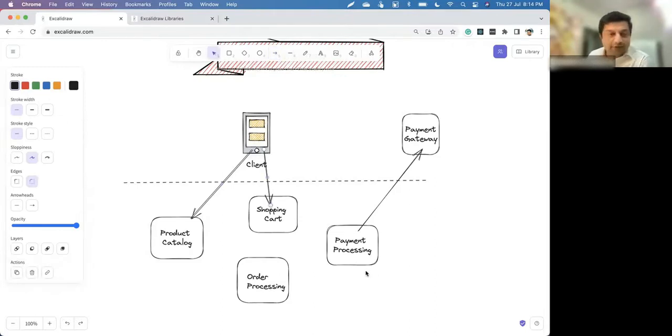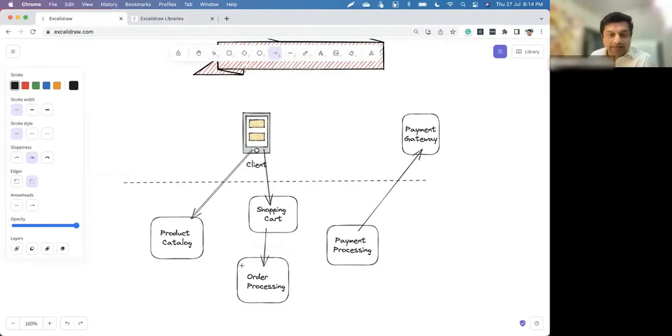When they choose a product to purchase, they may be adding it to the shopping cart. And from the shopping cart, they may have an order button. So you may have order processing.